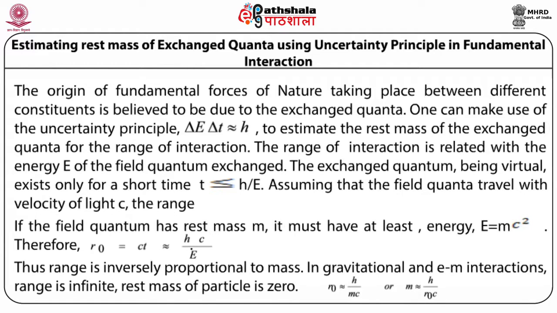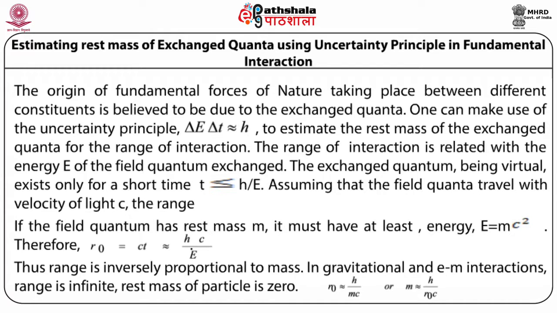constant. Now, to estimate the rest mass of the exchanged quanta for the range of interaction, we need to see that the range of interaction is related with the energy E of the field quantum exchanged.